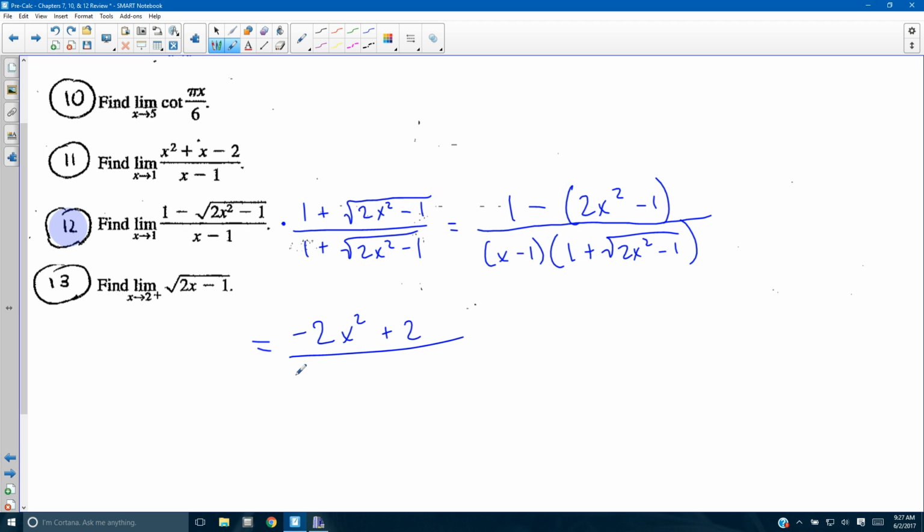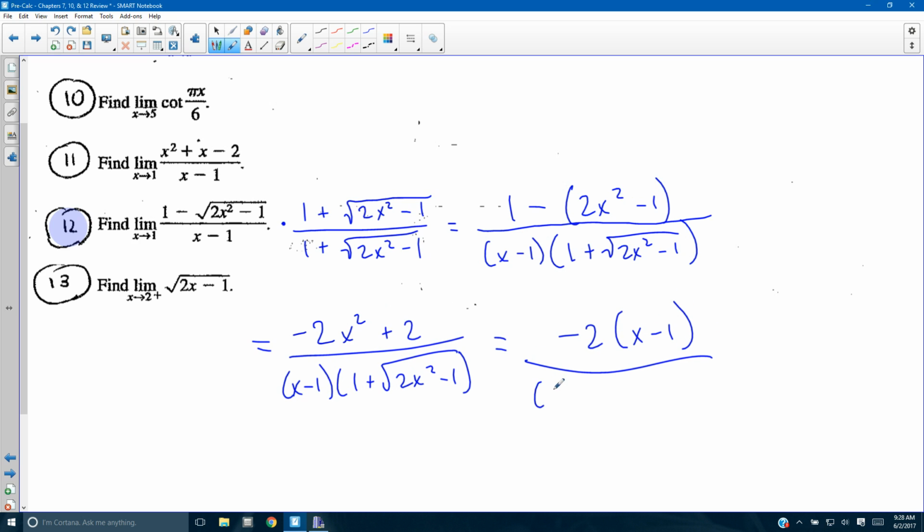On bottom, we have this stuff. If you're really still trying to look for that common factor of x minus 1, factor out a negative 2 from the top. Negative 2, x minus 1 is on top. Now on bottom, we get an x minus 1. It looks like it's going to clean up enough for us that we can now substitute 1 for x as need be. If only I could make straight lines.